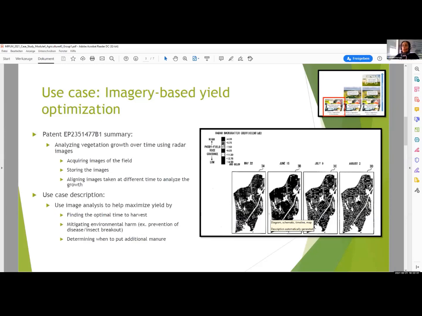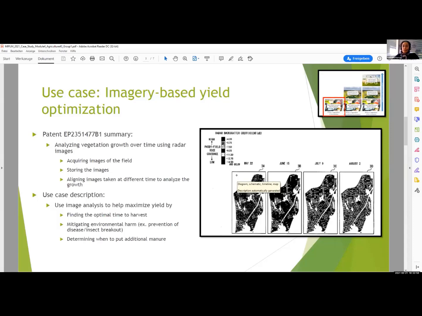The patent we worked on describes a way to acquire and store images of agricultural fields over time throughout the year. The images that are acquired are analyzed to monitor the growth of the plants. So the use case related to this patent is to maximize the yield of the field.